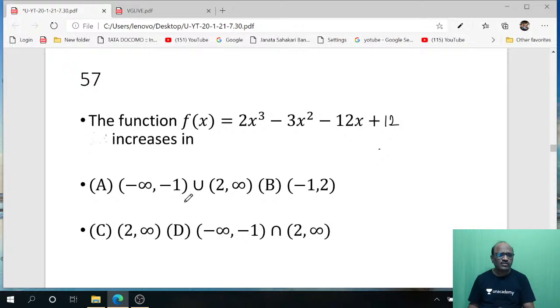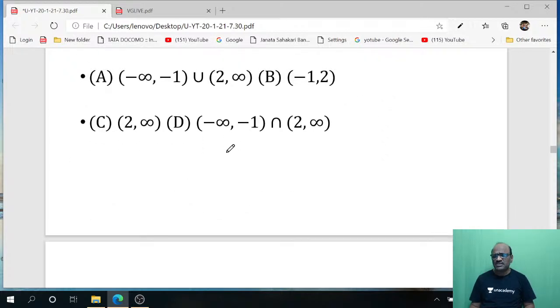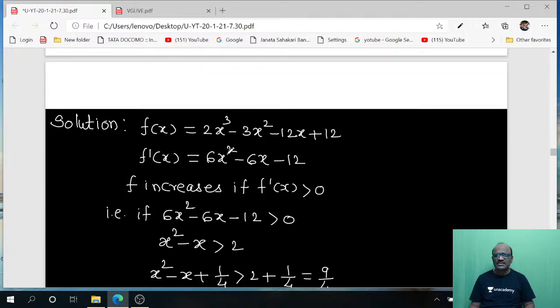Now we want to find out, as the given function increases, its first derivative must be greater than 0. F of x is equal to 2x cube minus 3x square minus 12x plus 12. Therefore, f dash of x is equal to 6x square minus 6x minus 12.